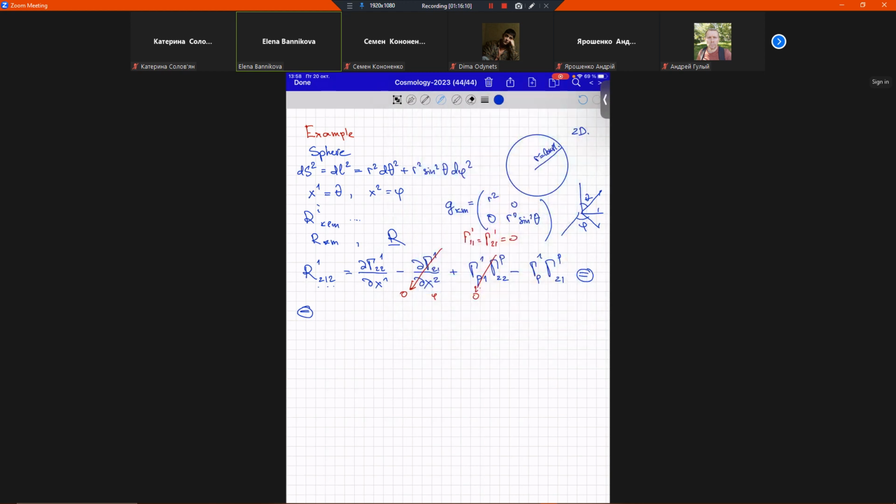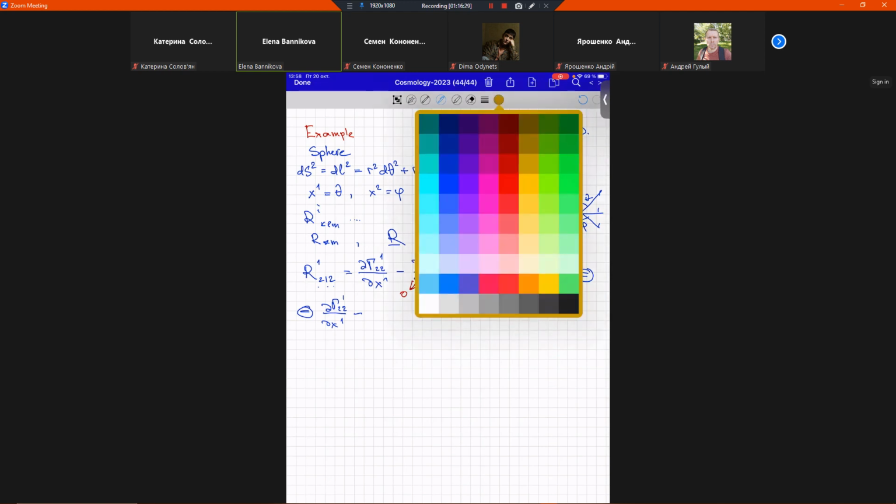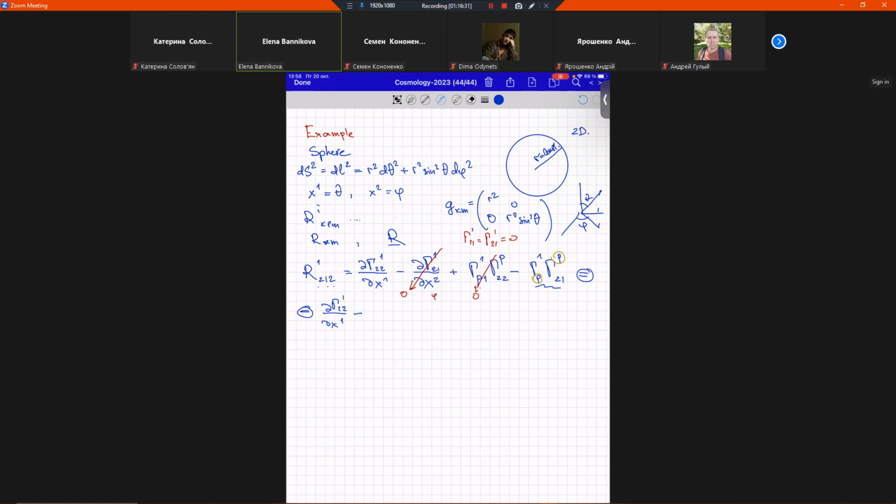And finally, consider this: we will have only d gamma 2 1 over dx1, but here we should be careful, because we have a summation index p. Oh, I forgot to write the indexes.